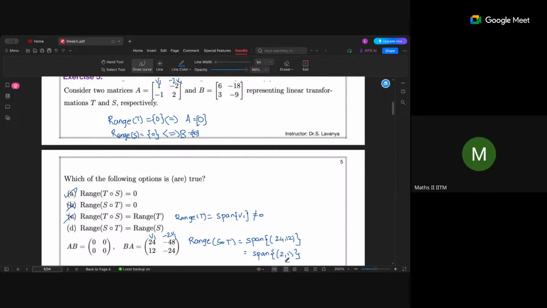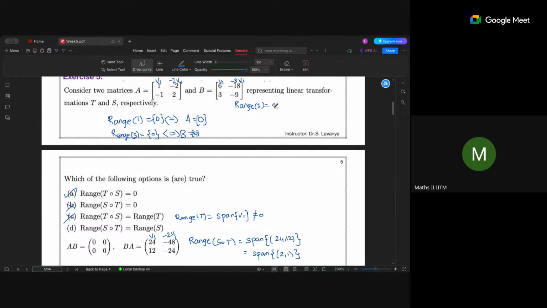So if I take 12, then it is just (2, 1). Can I write it as span of (2, 1)? Yes, ma'am. Right? So now let's look at the range of S. If this is V1, this is minus 3V1, right?